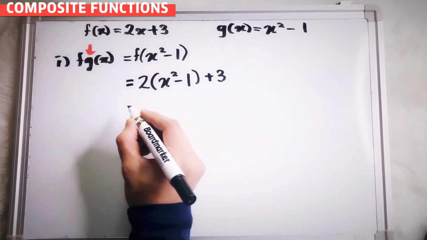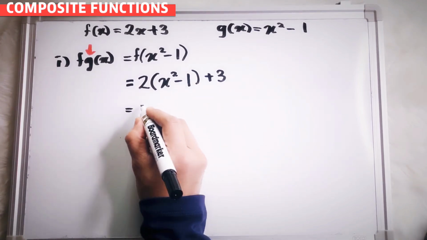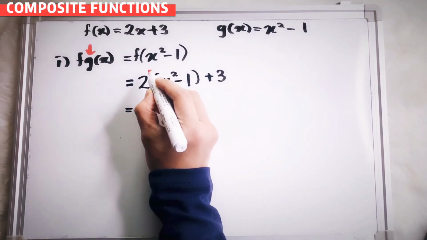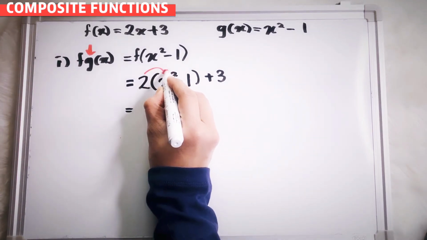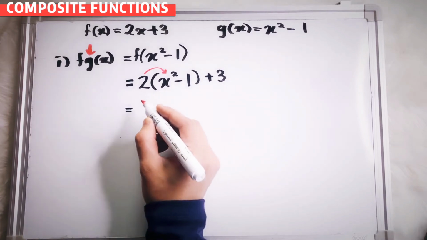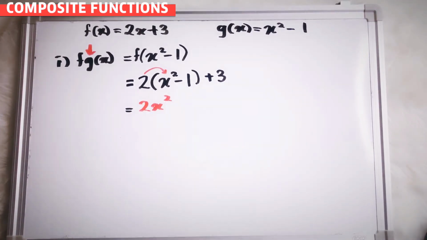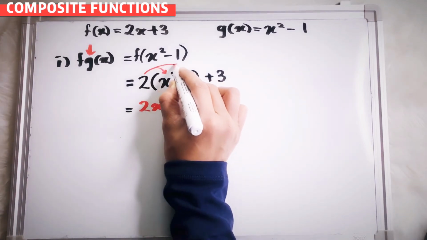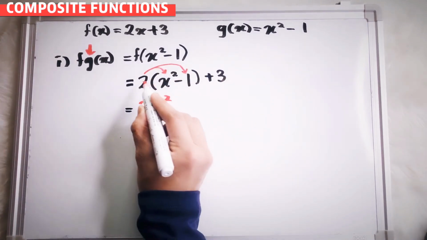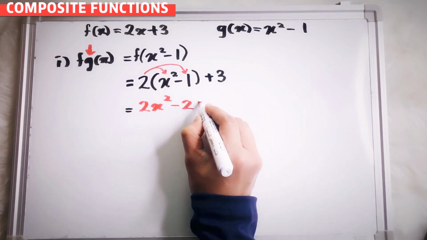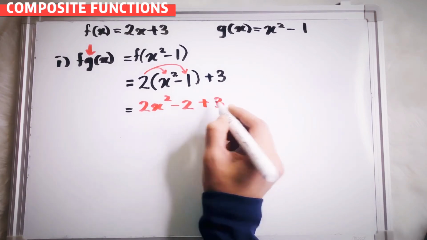Alright, now you expand. You know how to expand, right? The first one is 2x squared. The next one, 2 times negative 1 is negative 2, plus 3.